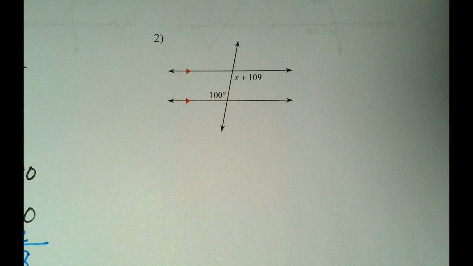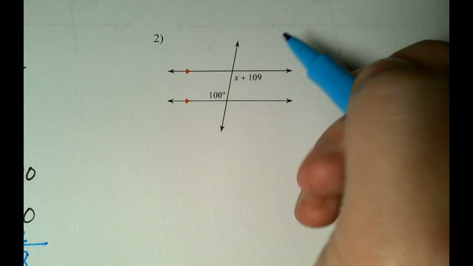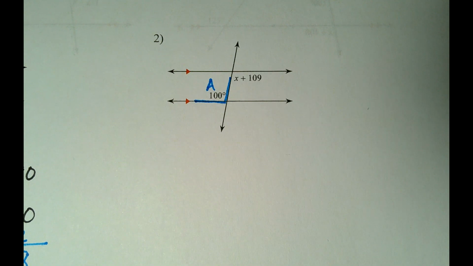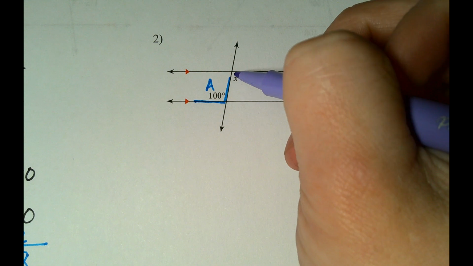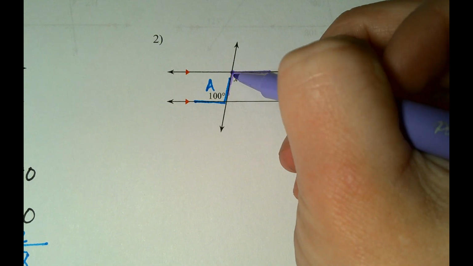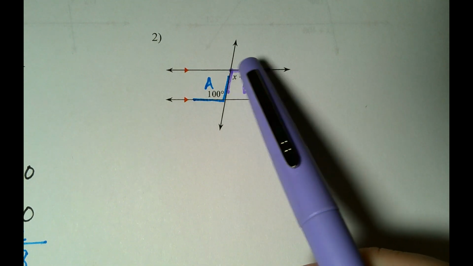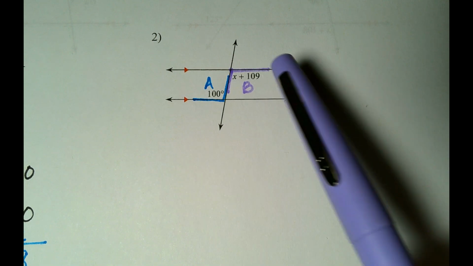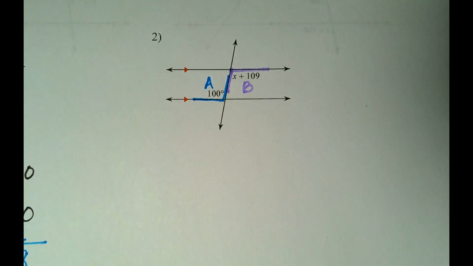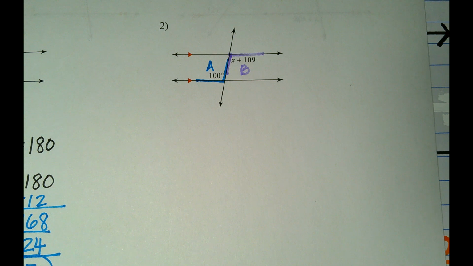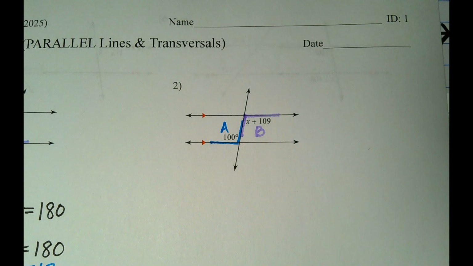Now I have 2 angles in different positions again. I'll call my 100-degree angle A. And we can call x plus 109 angle B. Now, we didn't specifically talk about how these angles could be related to each other, but we can always use that chart that we drew in our notes to help us decide.